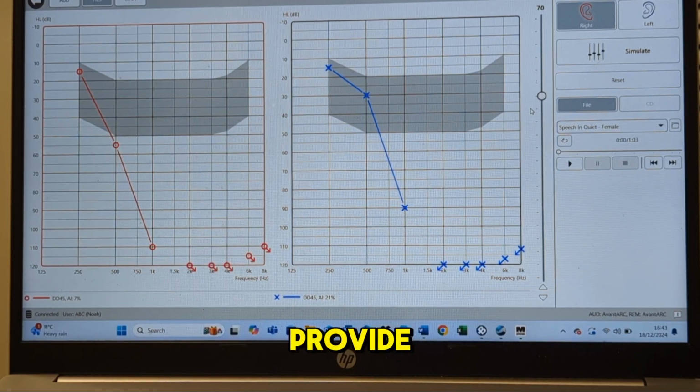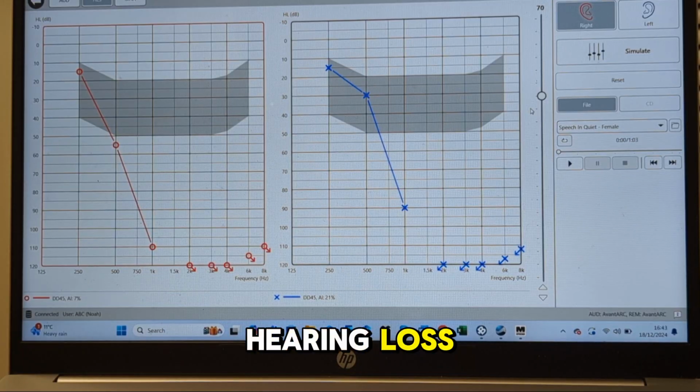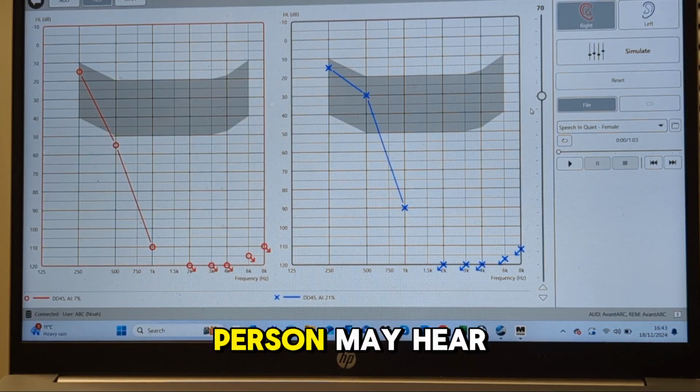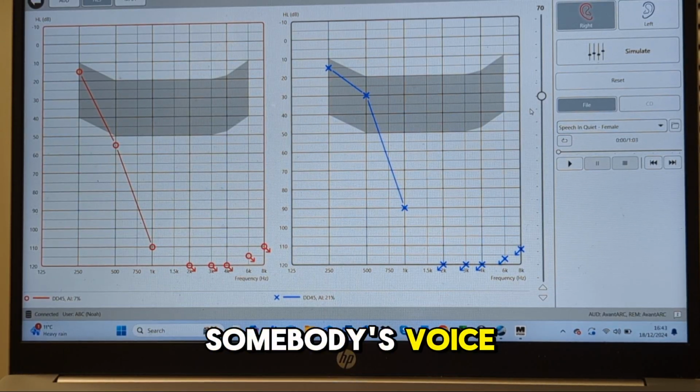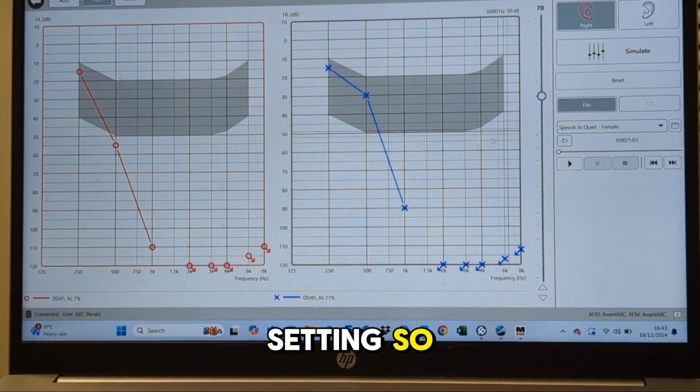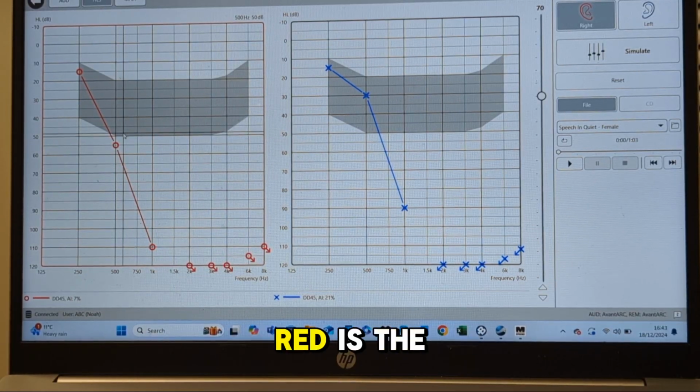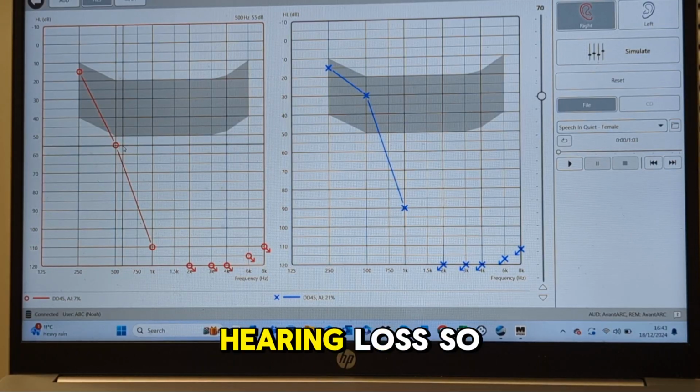And it does provide information about various degrees of hearing loss and how a person may hear somebody's voice in a quiet setting. So as you see here, there's two graphs. The red is the right ear, blue is the left ear. What you see before you is quite a significant hearing loss.